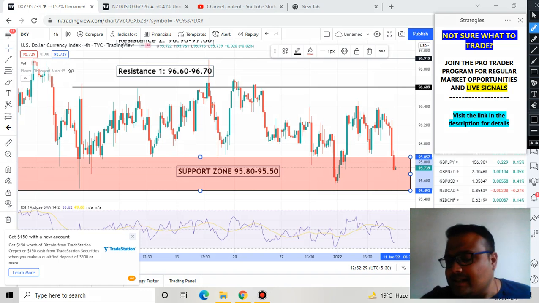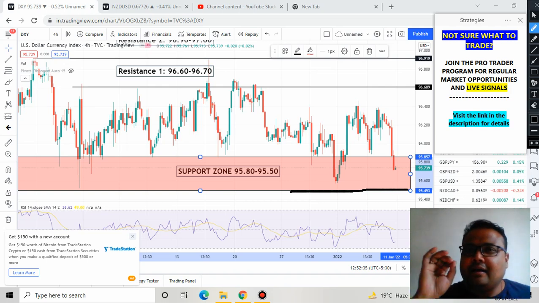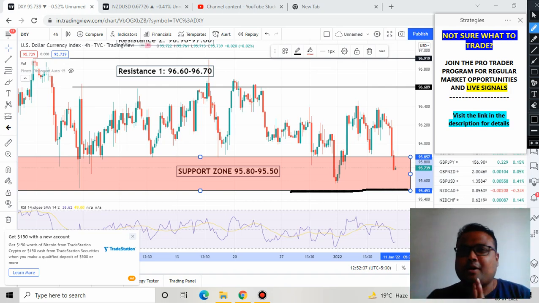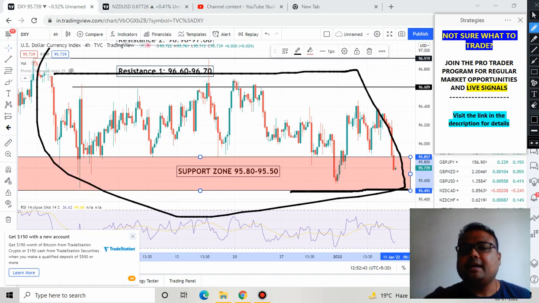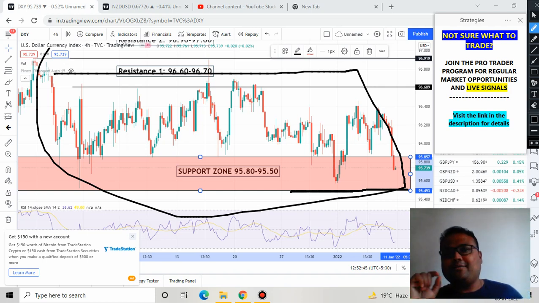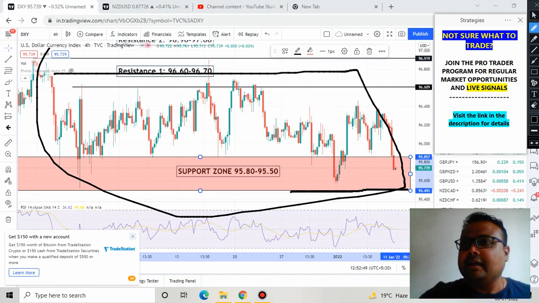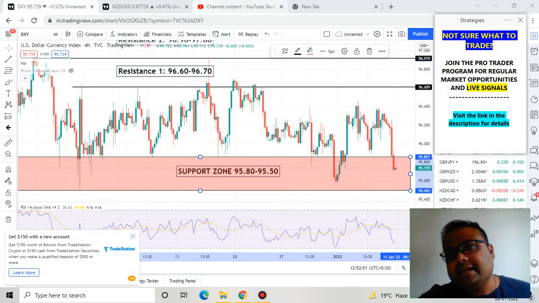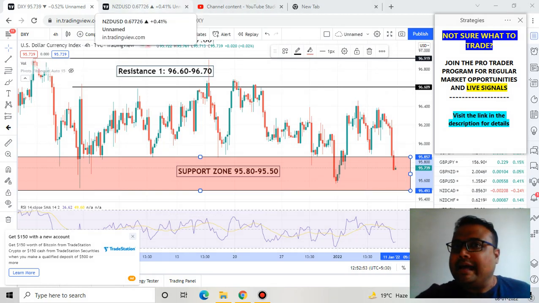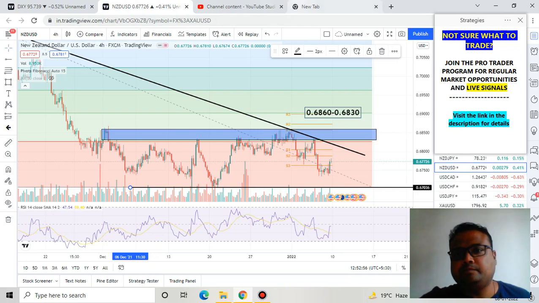And if it fails also, then we have the super support, very strong support at 95.50. So this makes it a very important level. Overall, considering the sideways market of DXY, there is a good possibility of DXY bouncing from the support level. And if DXY bounces, then yes, there will be some selling on NZD USD.